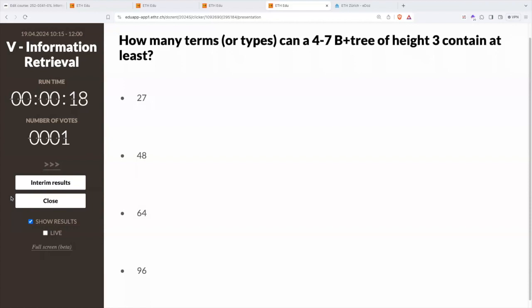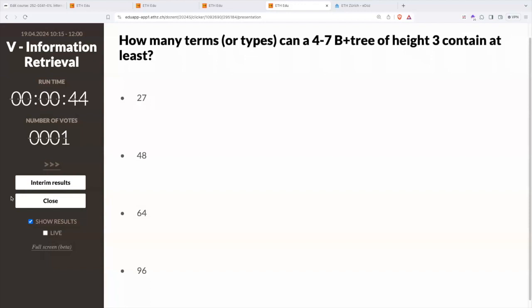The height means the number of edges between the root and the leaves. Remember that in a B plus tree, all the leaves are exactly at the same level. So there's no maximum or minimum number of edges. It's always the same number of edges for every leaf. So height 3, 4,7 B plus tree.